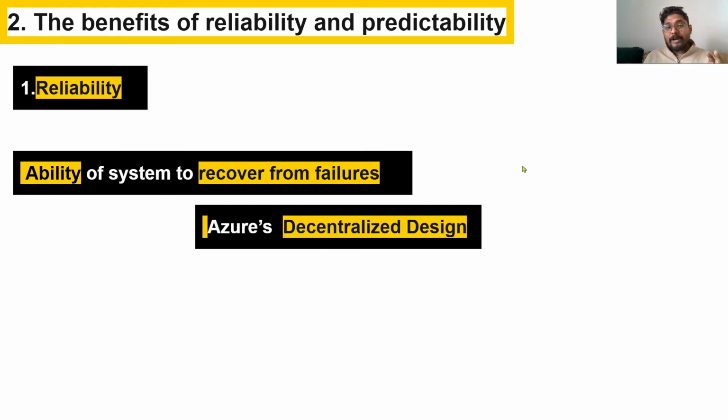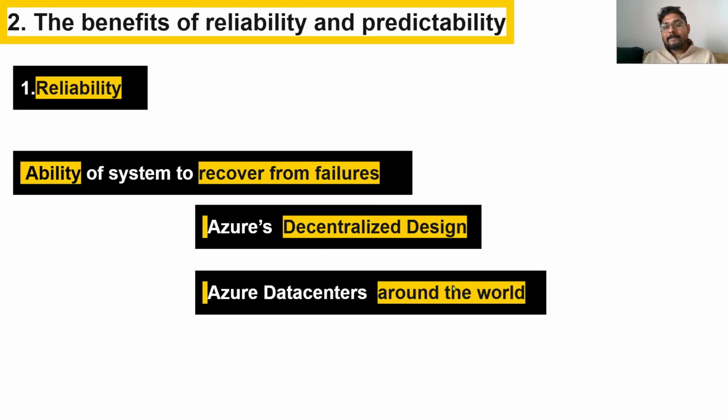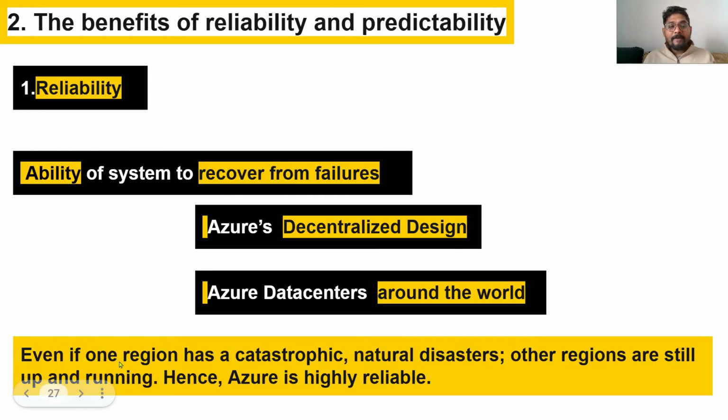Now, Azure has a decentralized design. So what is the meaning of decentralized? Their data centers are spread across the world. Their data centers are available around the world. So what it means, even if one region has a catastrophic event or a natural disaster, let's say some war happened, something was destroyed, or some natural disaster happened, people are not available, the data center has been shut down.